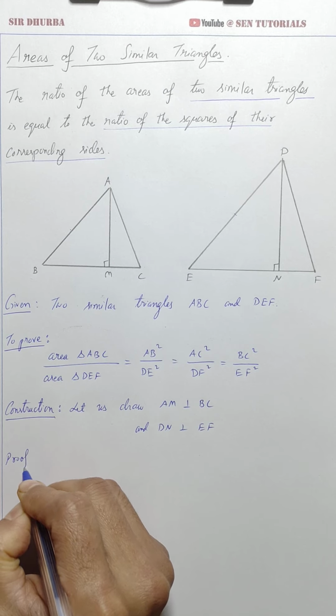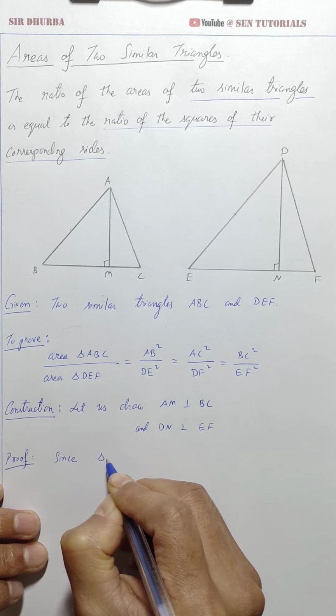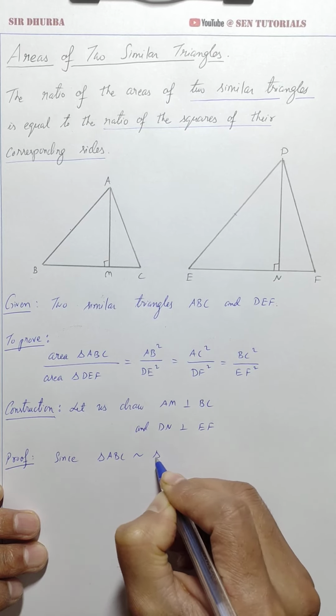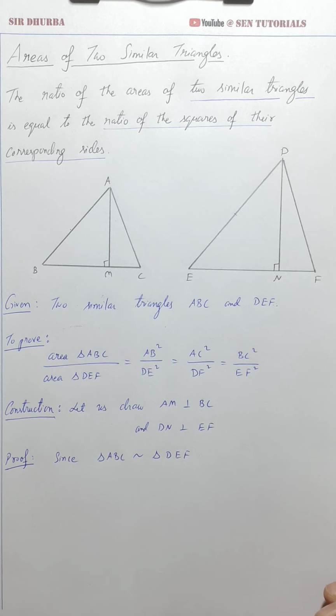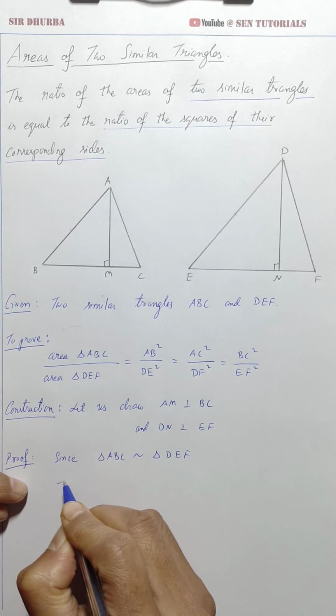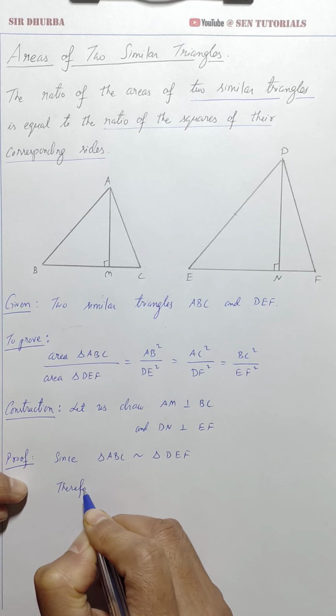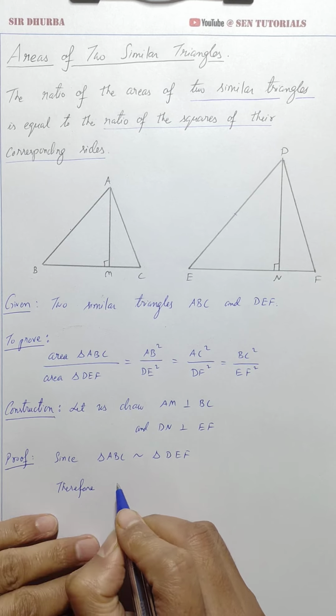Now, before we begin the proof, it is already given that triangle ABC is similar to triangle DEF, so therefore, if two triangles are similar, what were the properties?